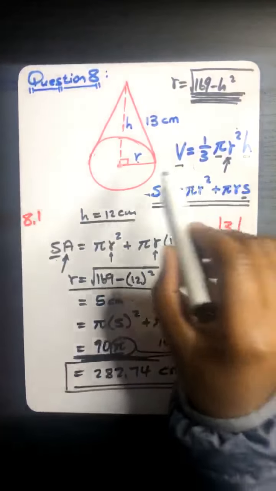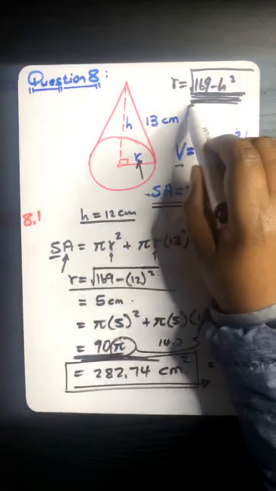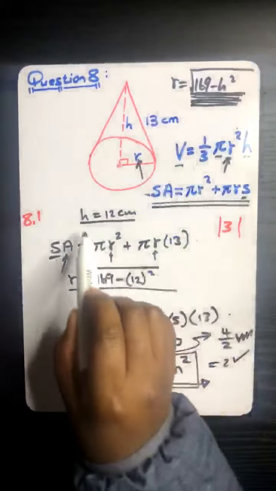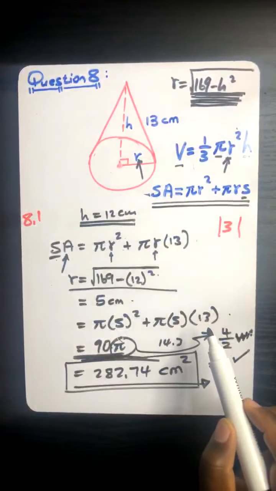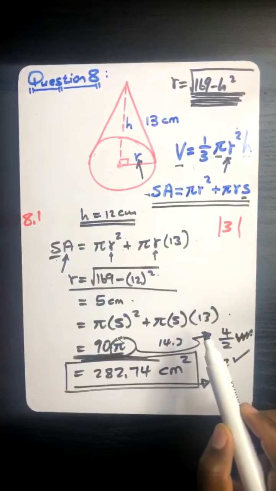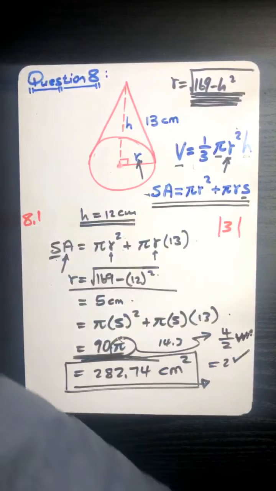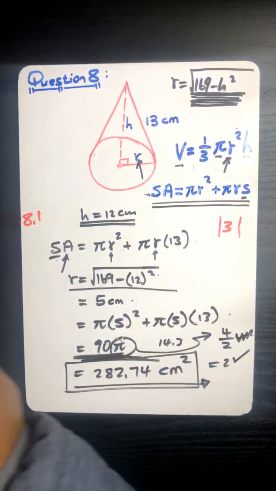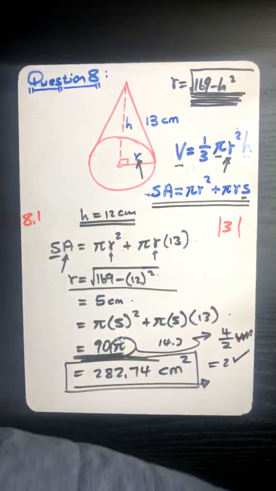So it is actually the formula for this r. And in the statement, we were told that h is equal to 12. You remember? Oh, okay, now I get it, sir. They get it. If you don't get it, forget about it.